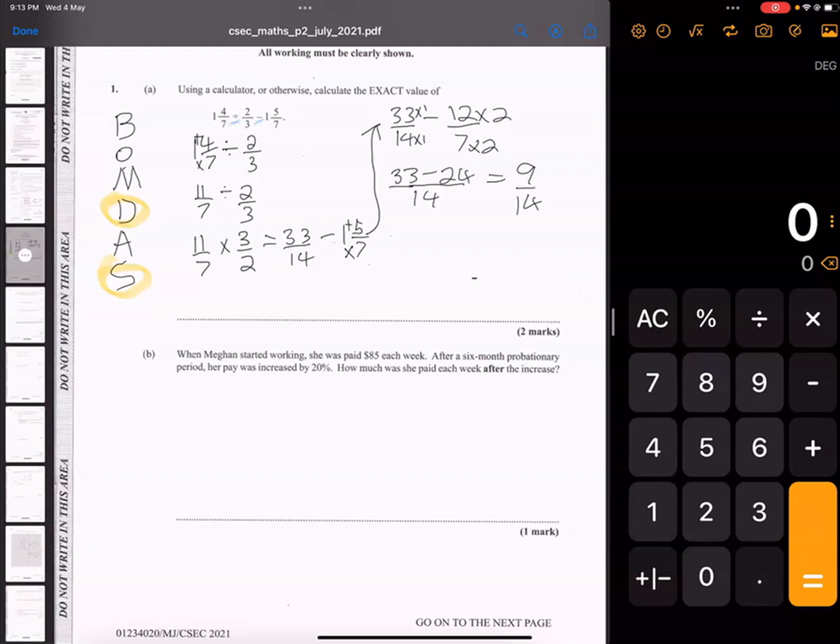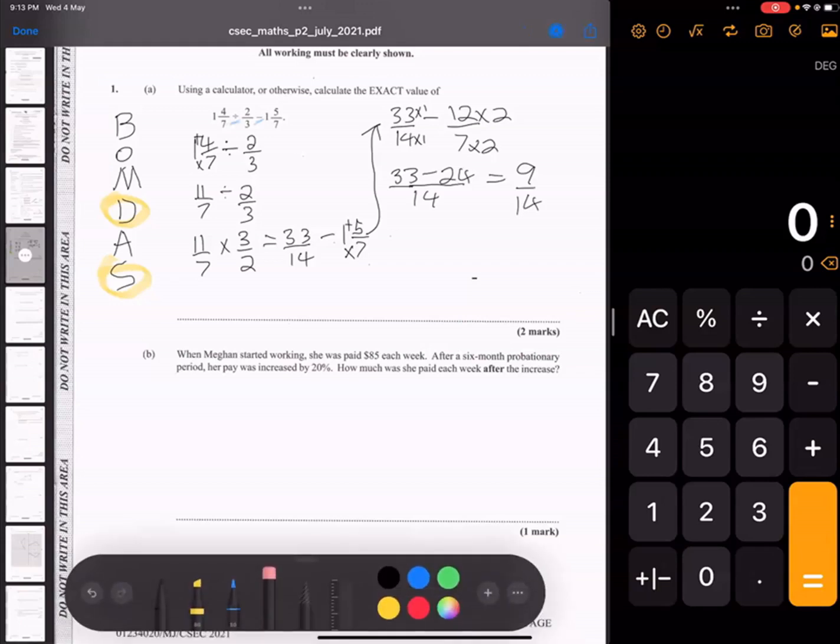So let's go ahead. We will find 20% by writing 20 over 100 multiplied by $85.